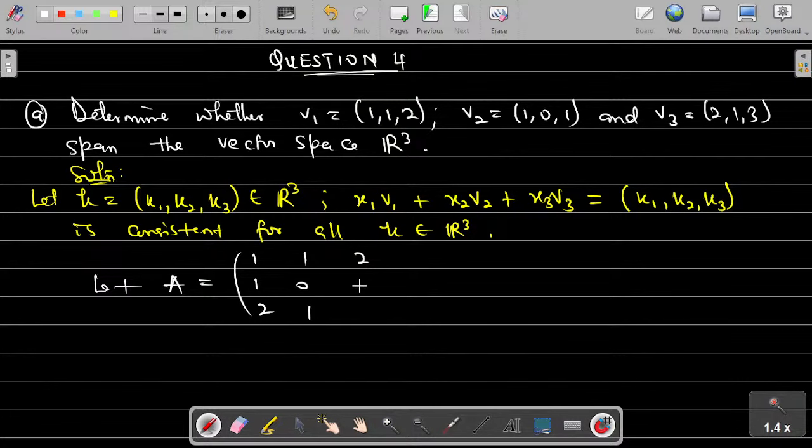1, 3. You can see actually that these vectors are the same whether column-wise or row-wise.